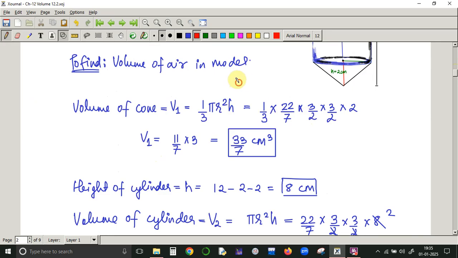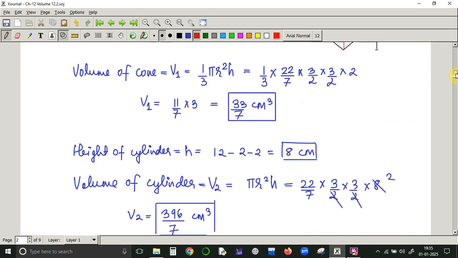So what is the radius? Radius is 3 by 2 because diameter is 3. So I have written directly radius is equal to 3 by 2. Simplify this, cancel whichever the numbers are getting cancelled, and I have 33 upon 7 volume of one cone.